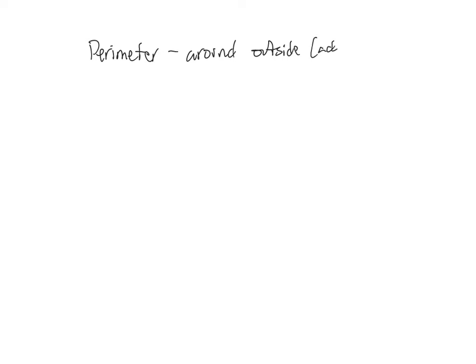I put this just because you're always going to be adding when you do perimeter. And then area is on the inside. And pretty much all the area formulas, you're going to be multiplying.